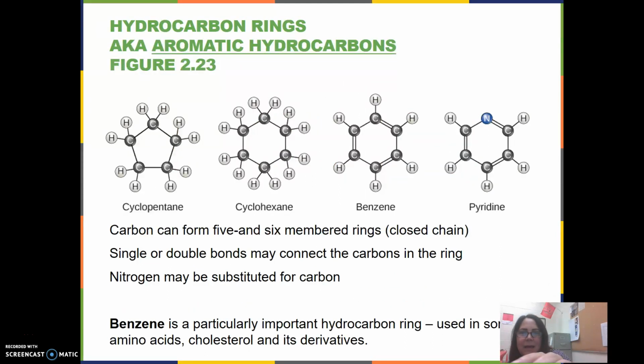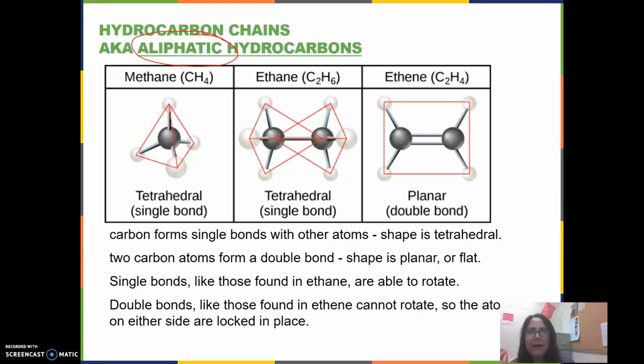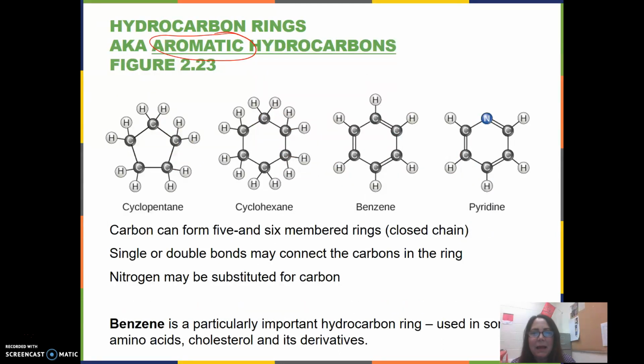And then there are aromatic hydrocarbons, which form rings. The aliphatic hydrocarbons don't form rings, they form chains. Well, this one doesn't, of course, because there's only one of them. But the aromatic hydrocarbons, cyclopentane, cyclohexane, benzene, pyridine, these all are aromatic because they release an odor, and they form rings.